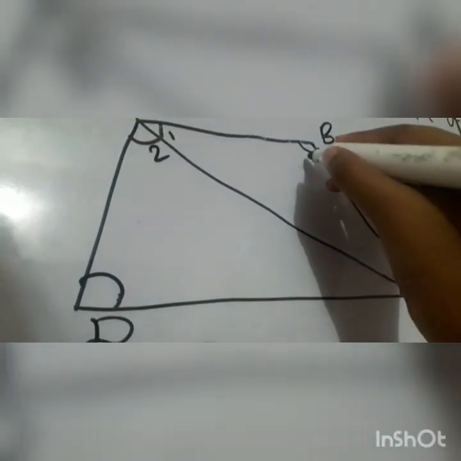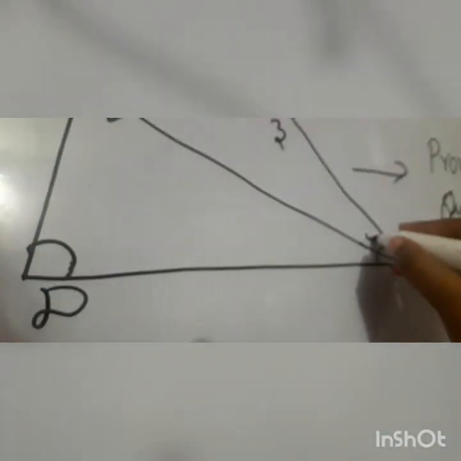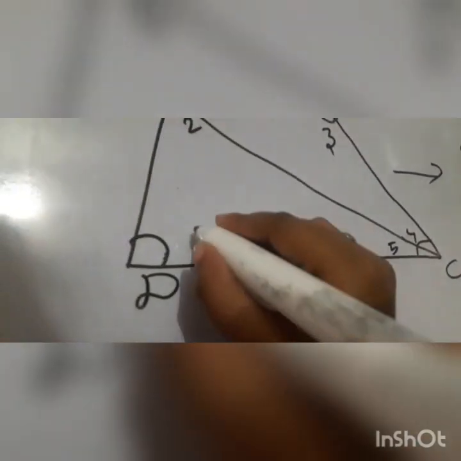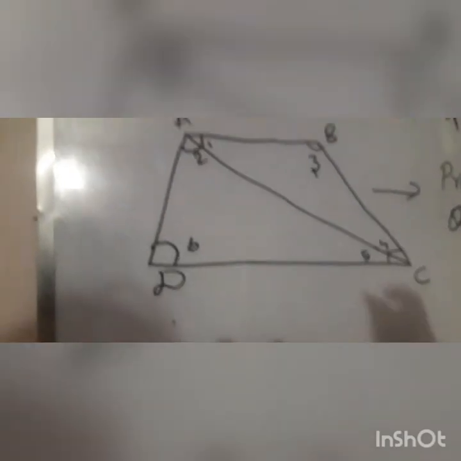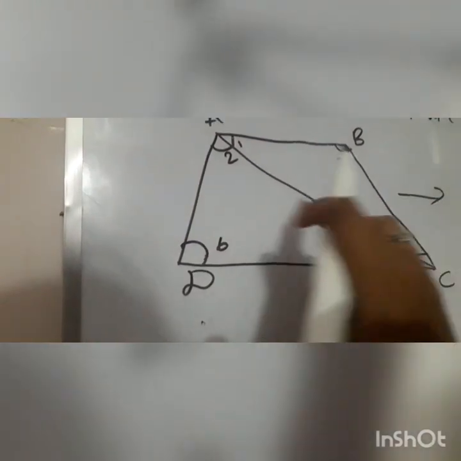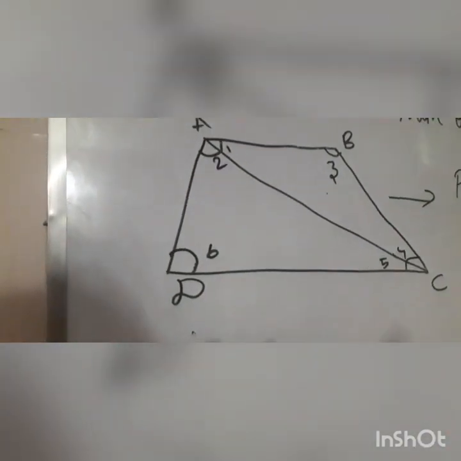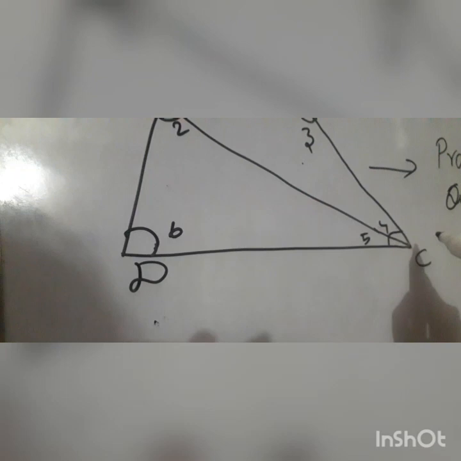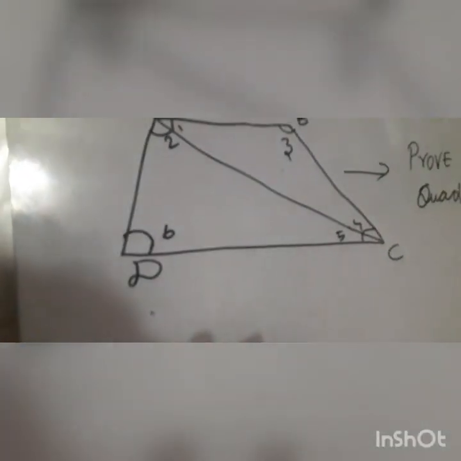So first we take the angles as numbers 1, 2, 3 and 4, 5, 6. So I take like this. So these two are like triangles, right? ABC is a triangle and ADC is a triangle.